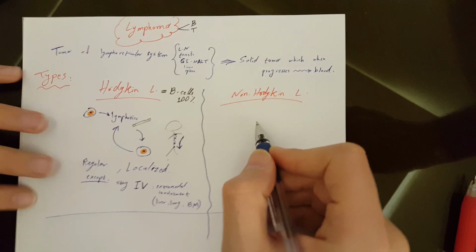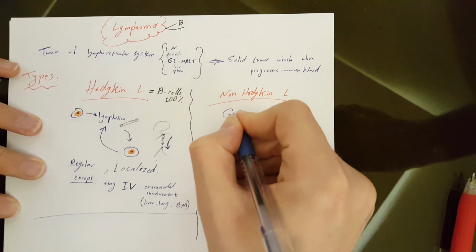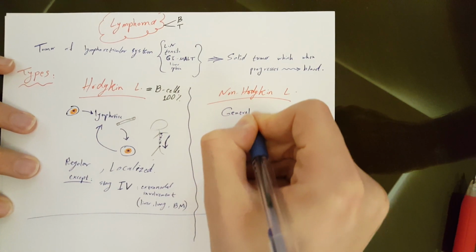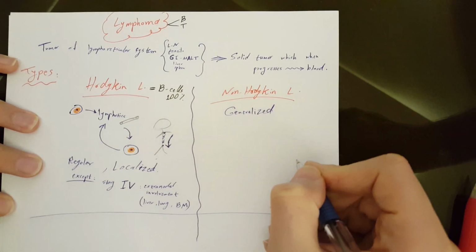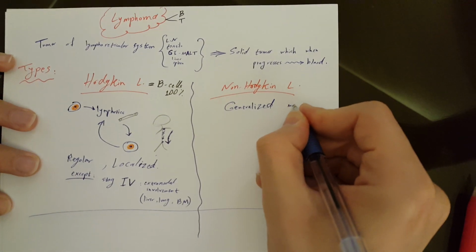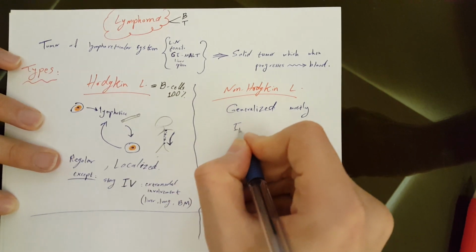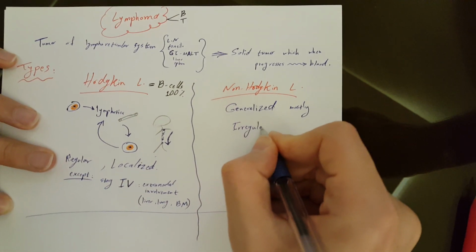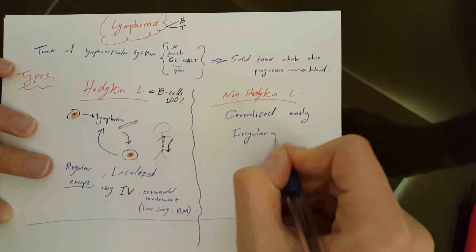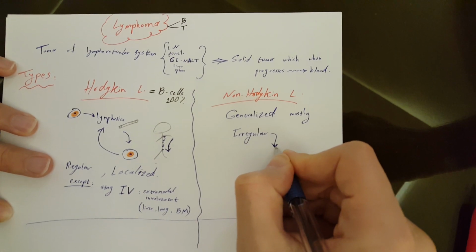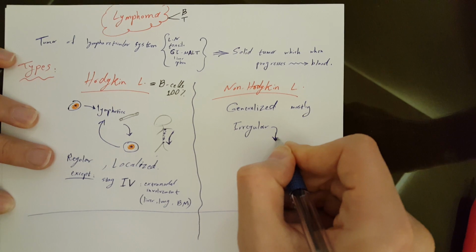Now, non-Hodgkin lymphoma, this is mostly generalized. Okay? Mostly. And unlike this, it has an irregular pattern. And because it's irregular, then you have involvement of these other areas.